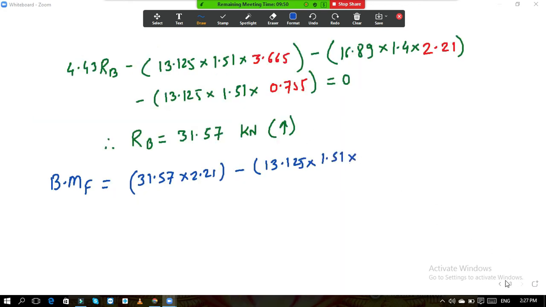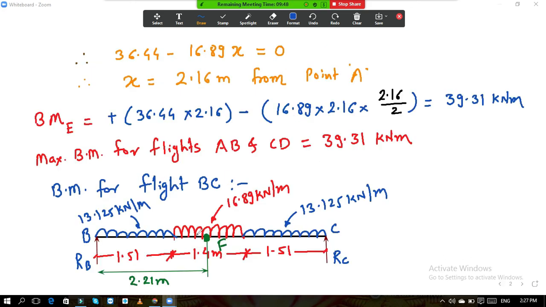This is the conversion of UDL into the point load, and then moment from point E. How much is the moment? It is 1.51 by 2, how much? 0.755.